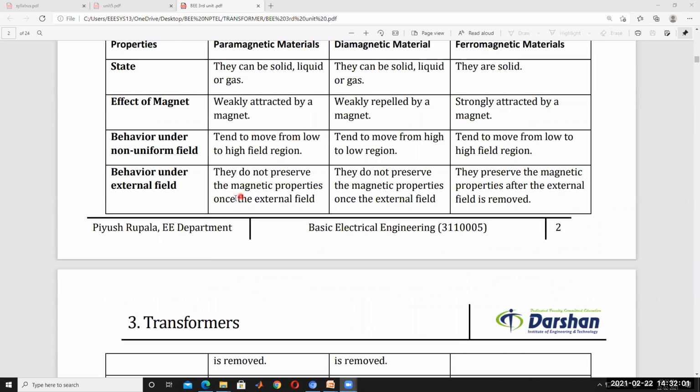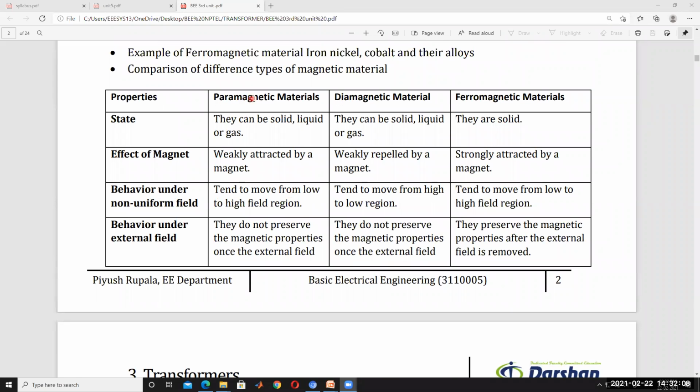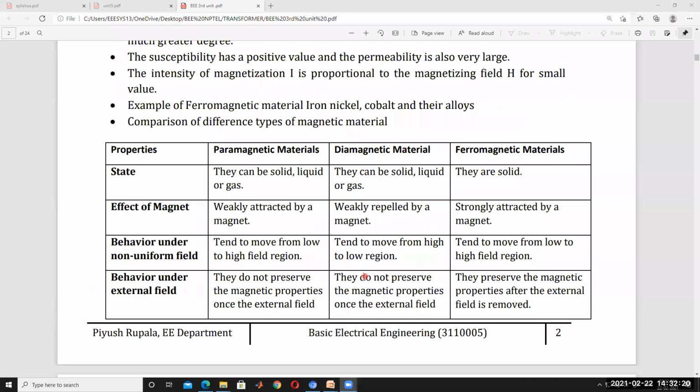You know this concept well. For diamagnetic material, they also do not preserve the properties once the external field is removed, the same as paramagnetic material. But ferromagnetic materials preserve the magnetic properties after the external field is removed.